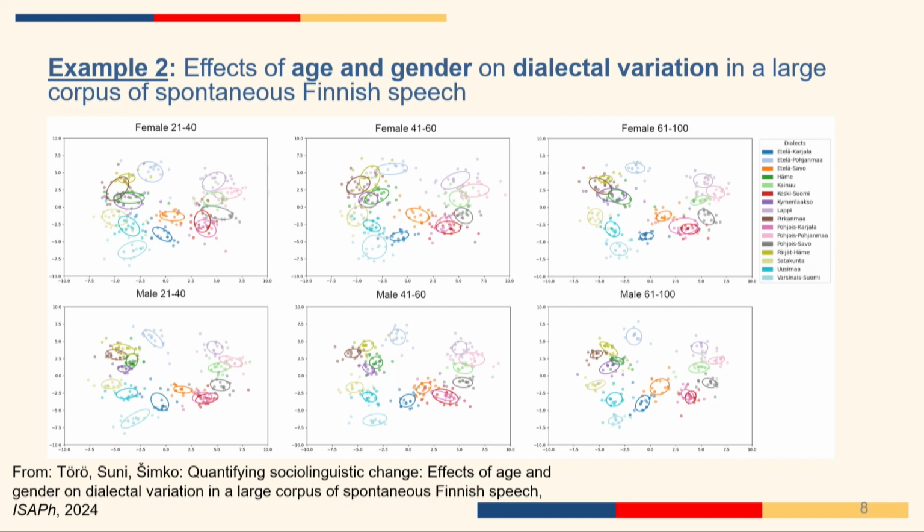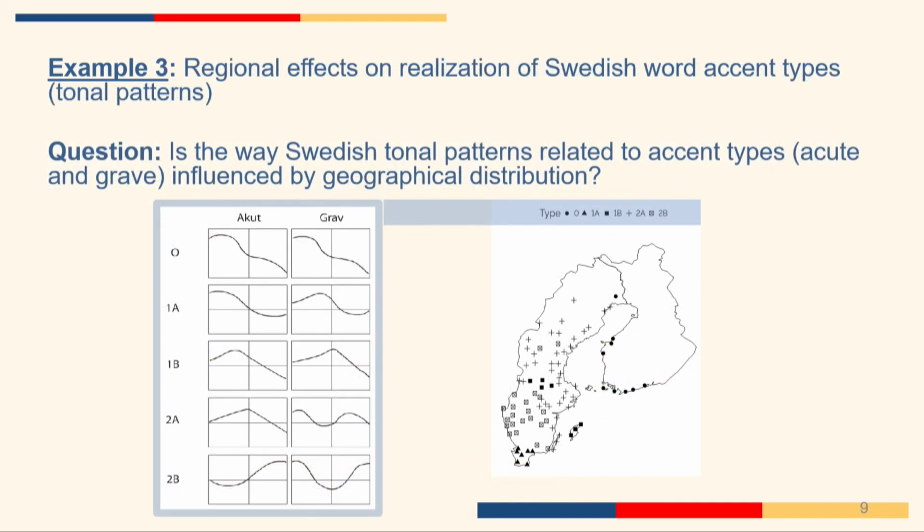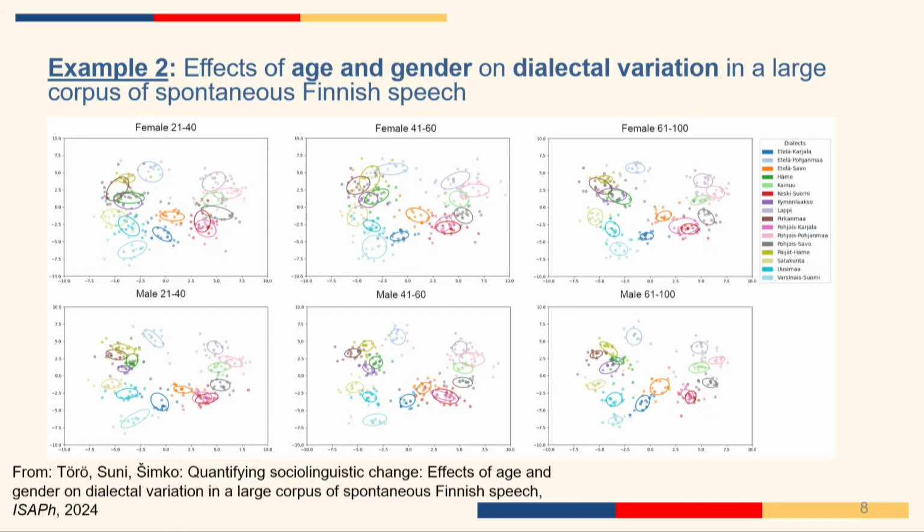But basically what we can see here is that these dots are representations of different speakers. And these ellipsoids around them are the dialects. This is one dialect, another dialect, etc. There are, I don't remember, 17 dialectal or regional groups which are realized in Finland.